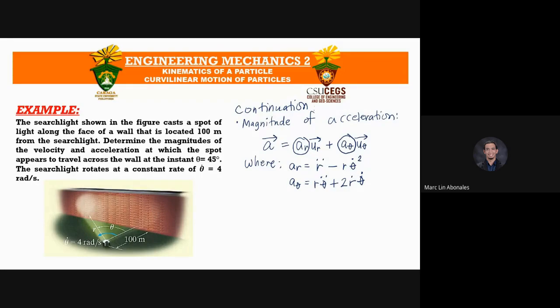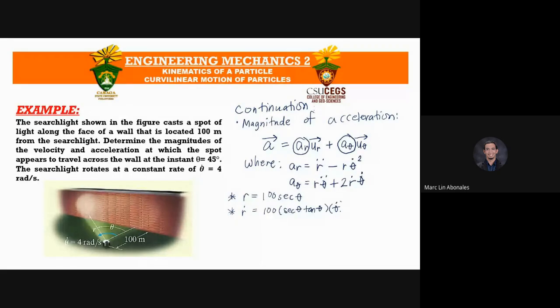Okay? So let us focus here sa r double dot. So ang first niya was 100 sec theta, di ba? And ang iyang first derivative was 100 sec theta tan theta theta dot.